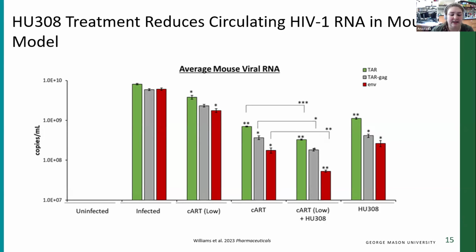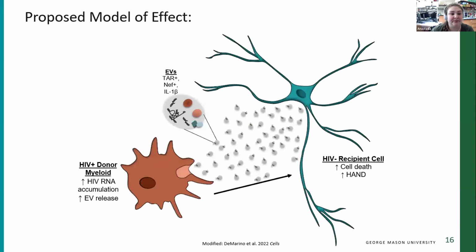effects of these viral infections. So what we have proposed here is that with our HIV infection, our monocytes or myeloid cells have viral accumulation that occurs within them and have these EVs that are released.